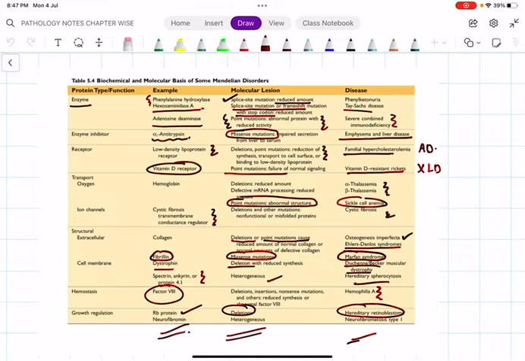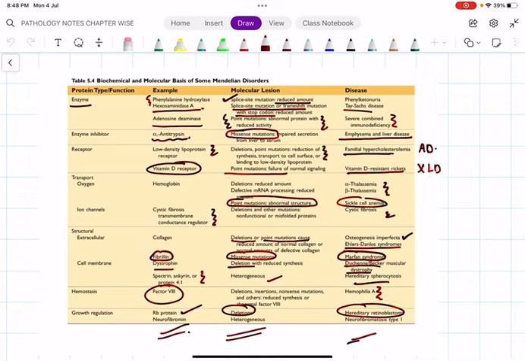In Marfan syndrome, missense mutation of fibrillin. In hemophilia A, factor VIII undergoes deletion or nonsense mutation. In phenylketonuria, this question has been asked in JIPMER: splice site mutation is the one responsible for phenylalanine hydroxylase enzyme deficiency. Neurofibromatosis type 1, again autosomal dominant.